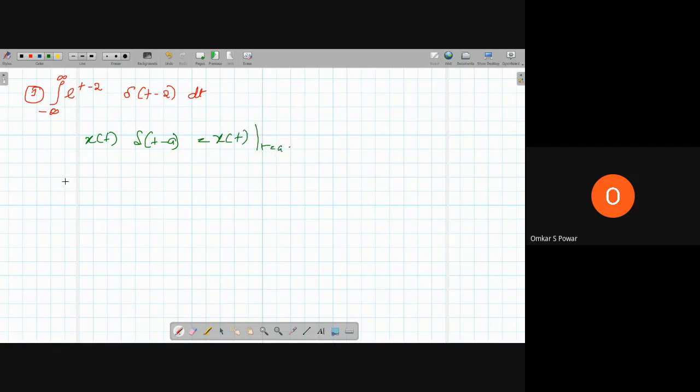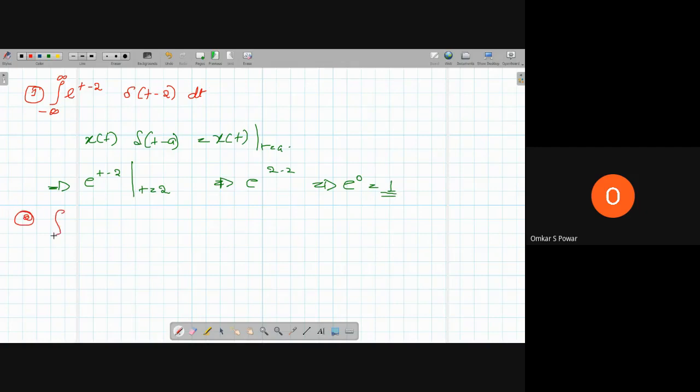So use that: e power t minus 2 at t is equal to 2, which is e power 2 minus 2, which is e power 0, which is equal to 1.